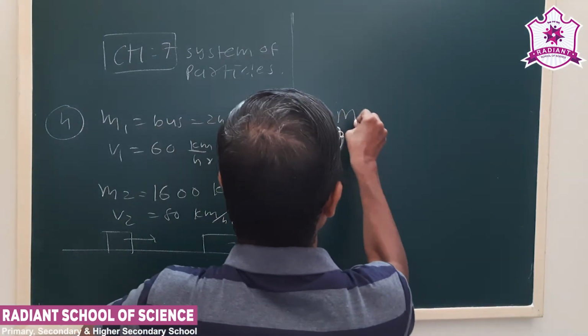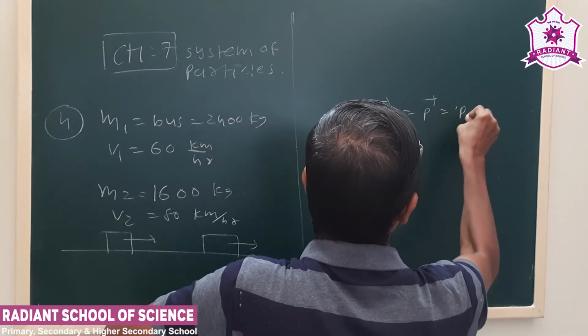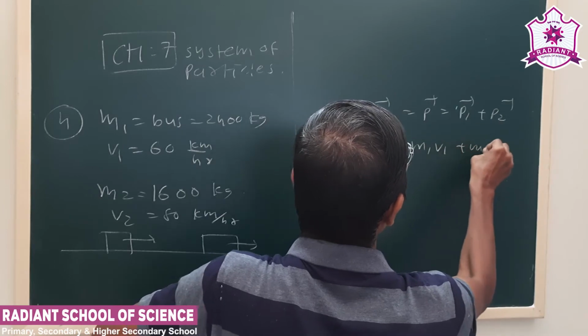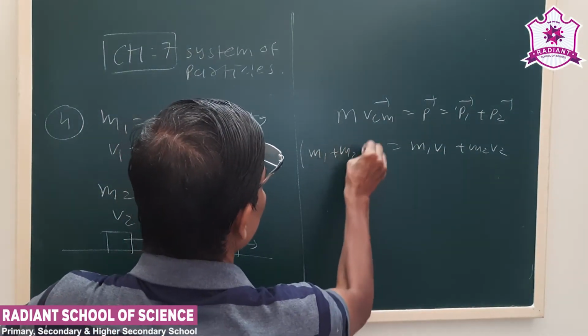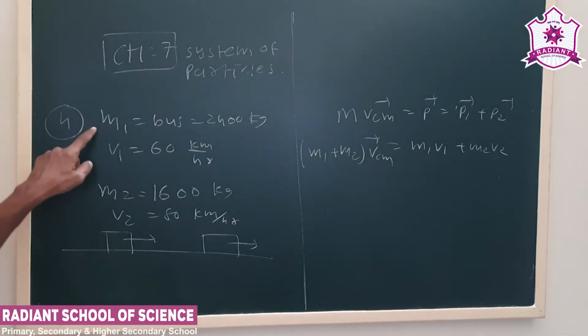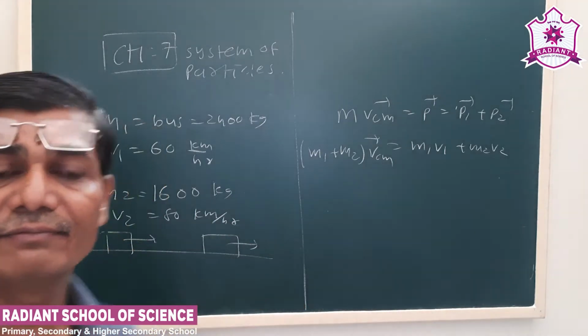So now M into VCM is P, here P1 plus P2, that is m1 v1 plus m2 v2. M is the total mass of the system, and VCM is the velocity of the center of mass. m1, v1, m2, v2 are given, and VCM we have to find out.